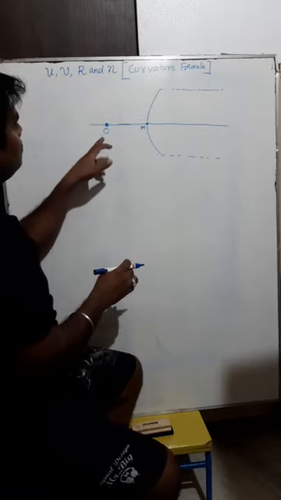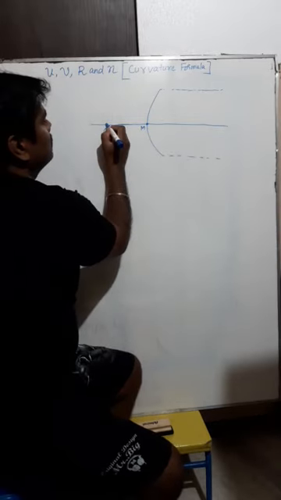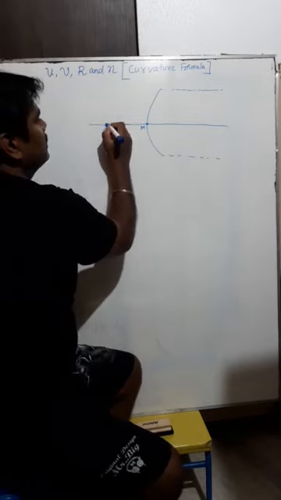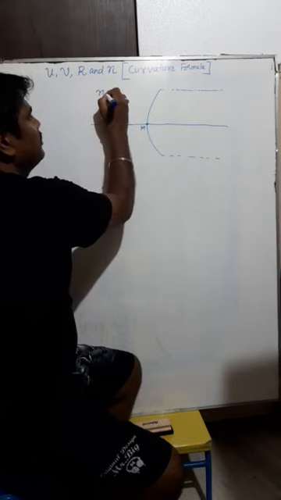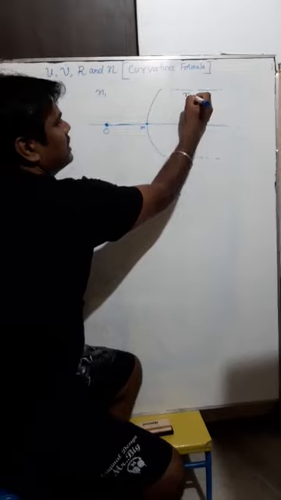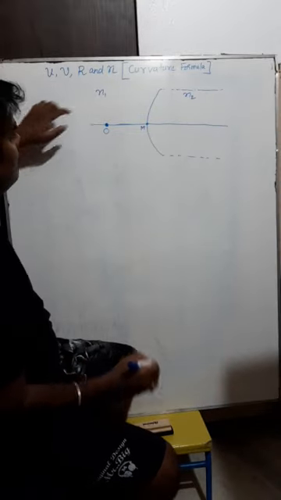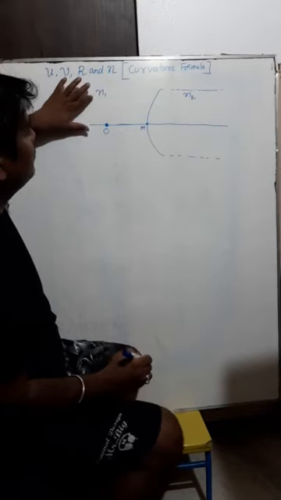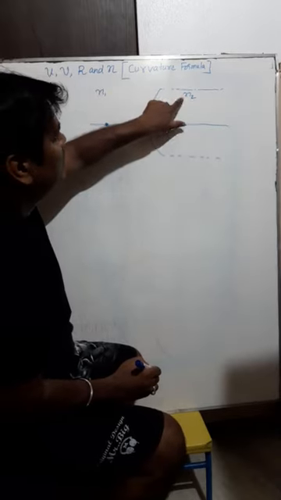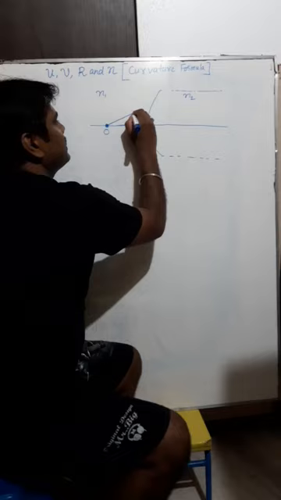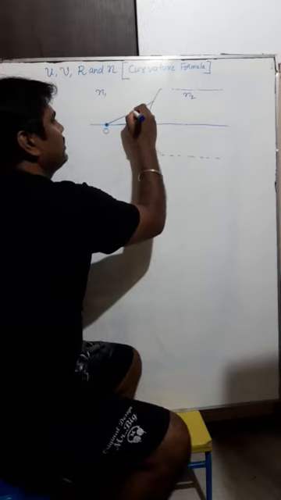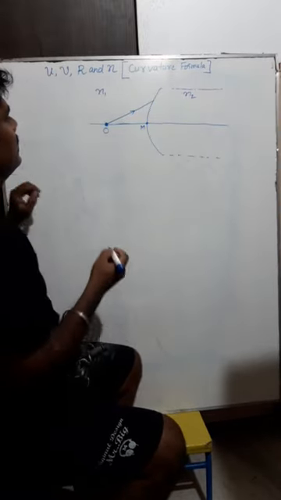Now from this point object, the light travels from the object's medium to wherever the image is found in the denser media. Let us consider N1 as the rarer media and N2 as the denser media. Now say this straight line represents the incident light.